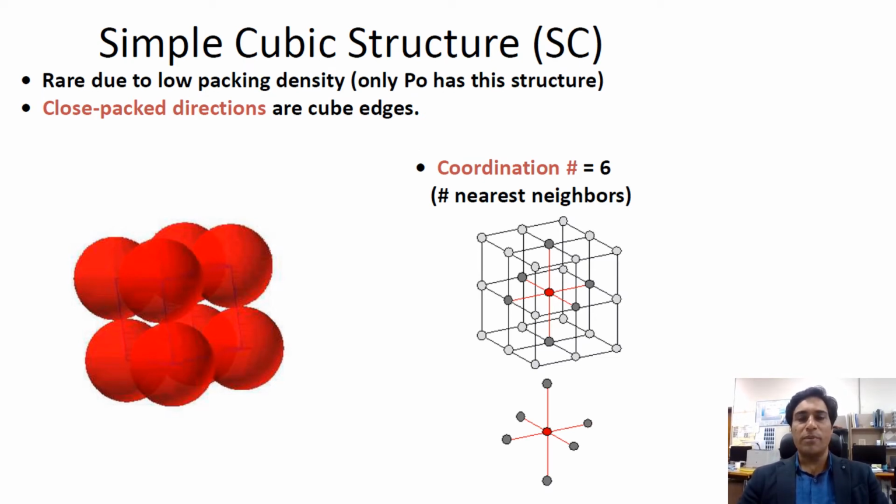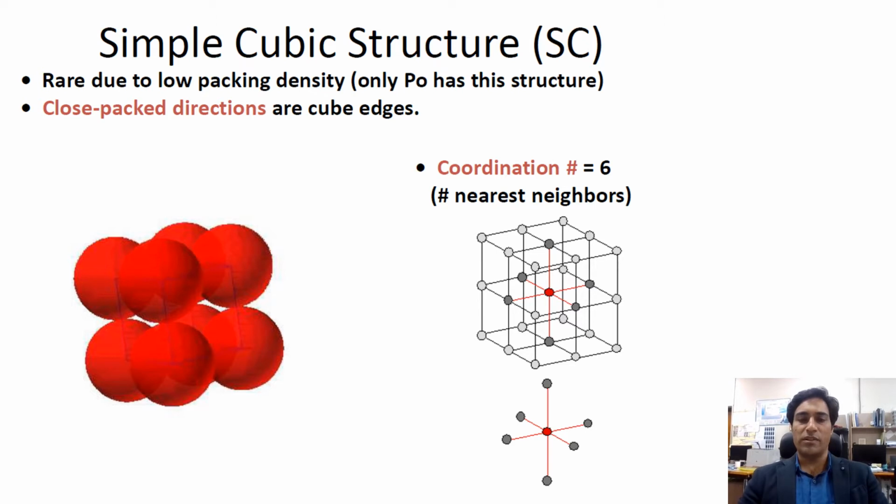The simple cubic crystal structure, I believe you have understood in your high school physics. This is the structure for simple cubic crystal, and these are the nearest neighbor atoms.